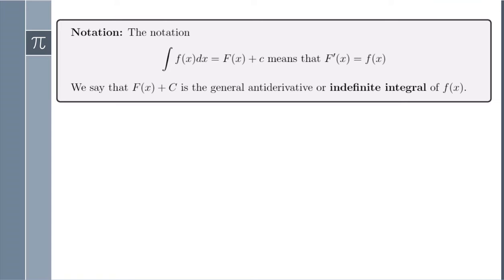Now the notation for antiderivative is, when you're finding the antiderivative of a function, we write this symbol, which is called the integral symbol or indefinite integral. So the antiderivative of f of x is represented by the integral of f of x dx, and that is uppercase F of x plus c. Or let's go back to the example that we did here.